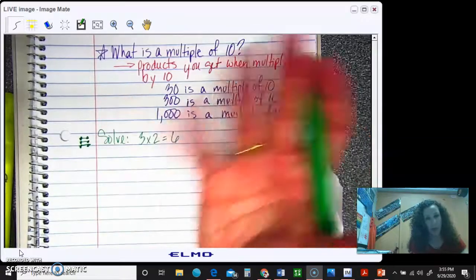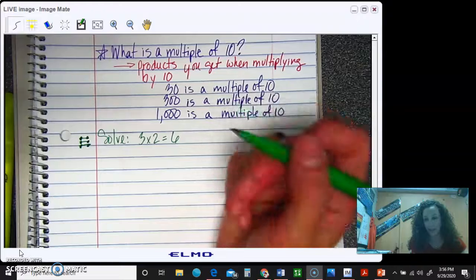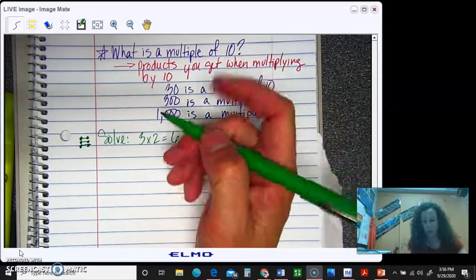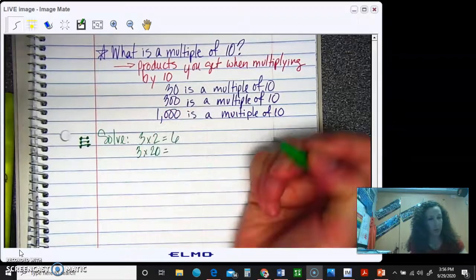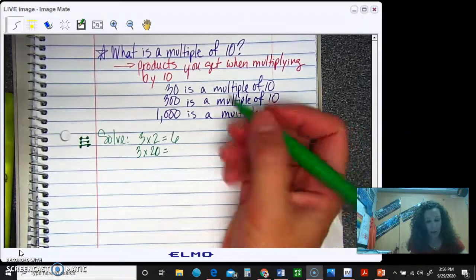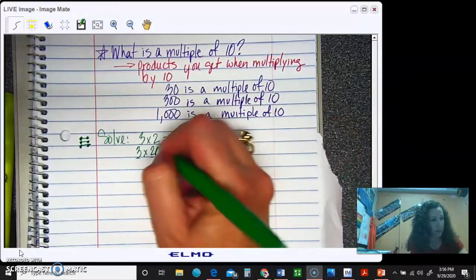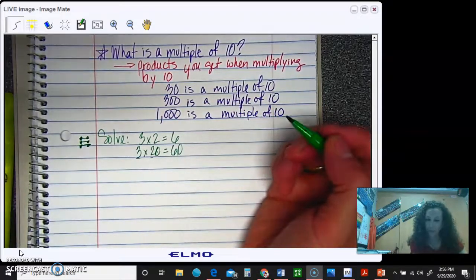See, that's an array. That was at the end of 2nd grade, okay? 3 times 2 is, in fact, 6. But now let's look at a multiple of 10. 3 times 20. Well, it's the same idea, right? You have 3 times 2, it's 6. Now you have that 0, you pop it on the end, okay?